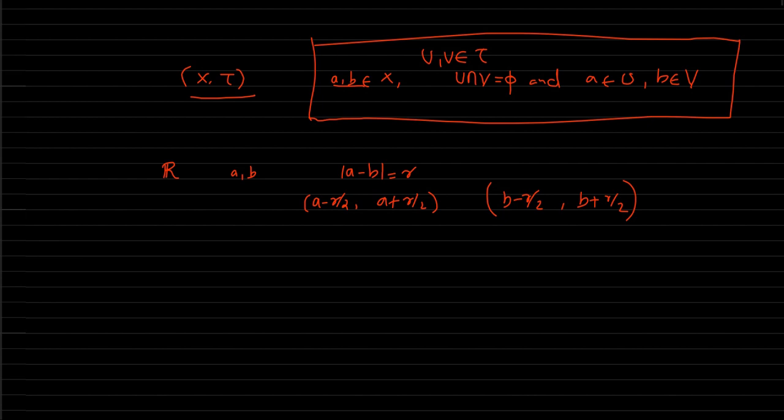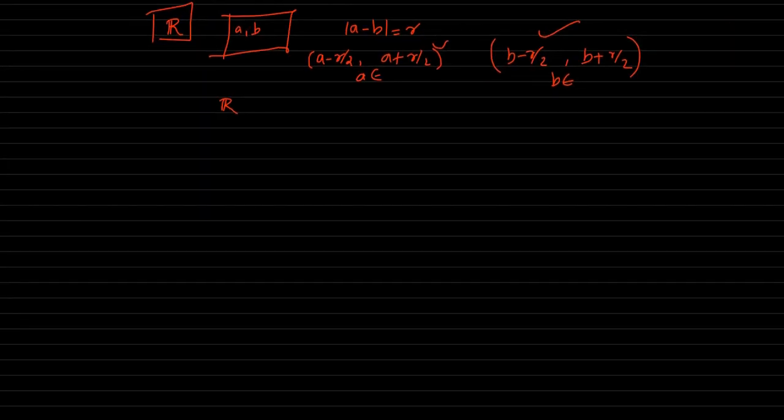These two are open sets and their intersection is φ, and A belongs to the first open interval and B belongs to the second. So in R, for any two distinct points, there exist two open sets that satisfy these conditions. Therefore R is a Hausdorff space.